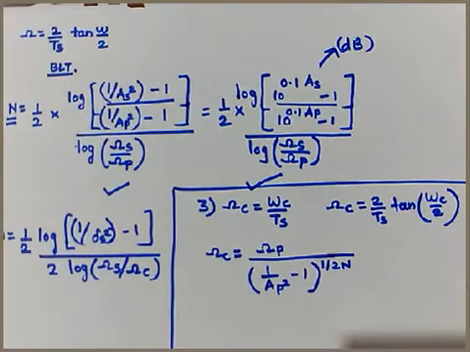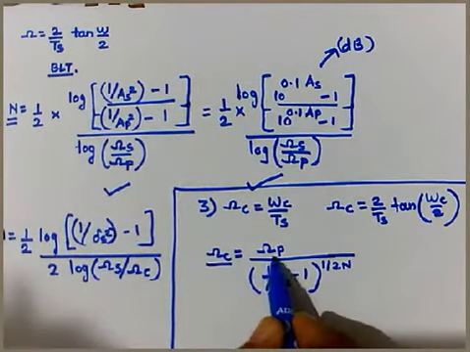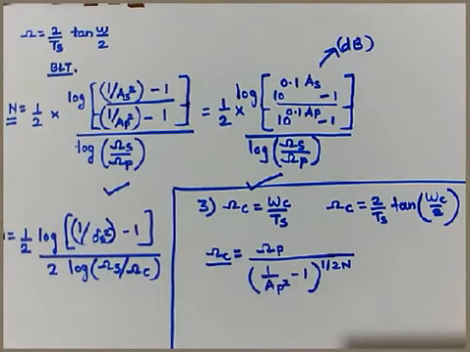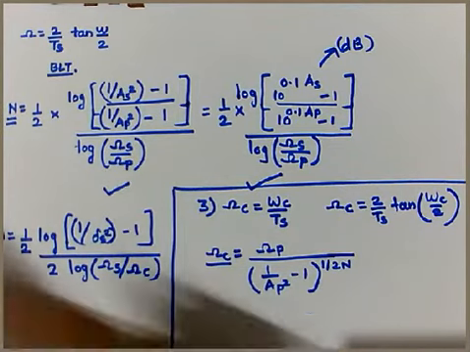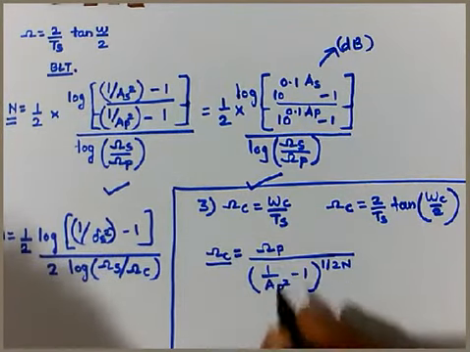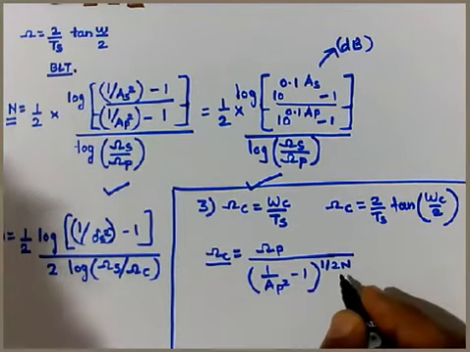This is the formula where Ohm C is calculated in terms of Ohm P and AP, but it is without dB.